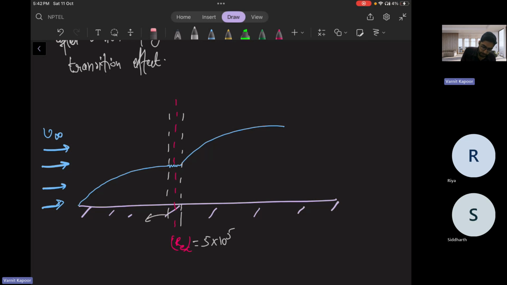Below it, the Reynolds number is 2 times 10 to the power 5, and above it, the Reynolds number is 1 times 10 to the power 6, or any value above 5 times 10 to the power 5. This is a real system scenario. Basically, fluid was flowing like this, but in the transition zone, some eddy formation started happening because of the turbulent mixing of the layers.